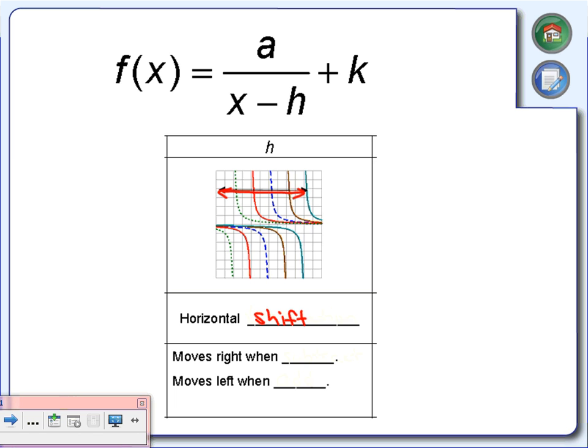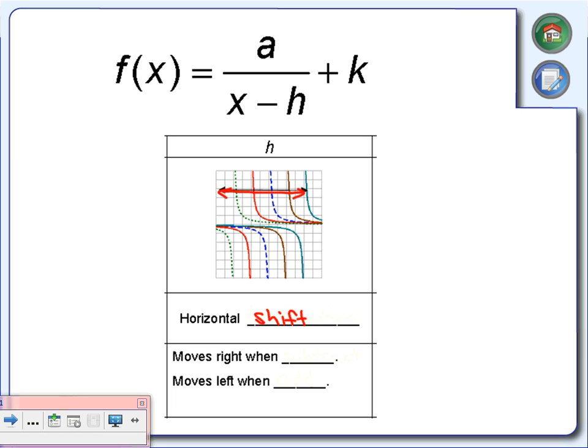So the question is, when are we going to move to the right and when are we going to move to the left? Now before you answer that, you remember when we were working with our quadratics and our radicals, we've got this up here. When I want to move to the left, I did this. When I want to move to the right, I did this. So be careful here. Those transformations that we talked about before, it's the same idea here. So when I want to move right, what do I have to do?